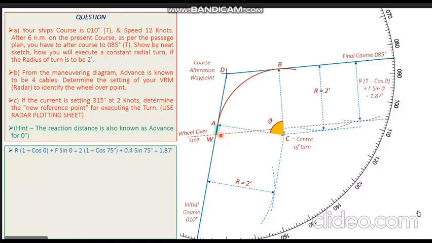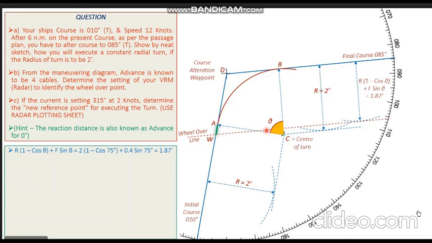So any of these two methods can be used practically. If you are interested in the center of the turn as well as the curved path, and you are making the curved path on the chart, this will happen in restricted areas where the ship's path is passing close to navigational dangers, shallow waters, restricted areas. So you would like to see the curved path on the chart. In those cases, you can plot the reaction distance Alpha to Whiskey, A to W, and get the wheel over line easily.